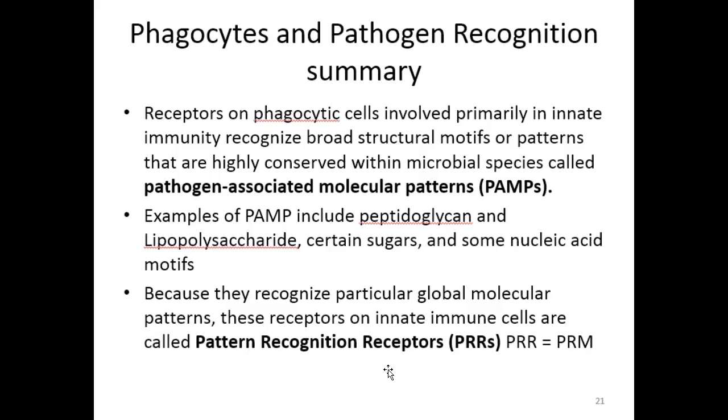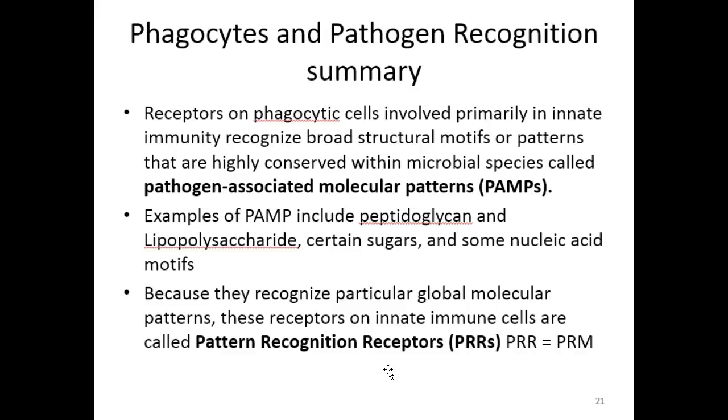So to summarize, receptors on these phagocytic cells, involved primarily in the innate immune response, recognize these broad motifs called PAMPs. And PAMPs are things that are recognized as foreign, but not specific. So in other words, PAMP is the LPS on gram-negative bacteria, but not specifically on E. coli versus something like Salmonella, right?